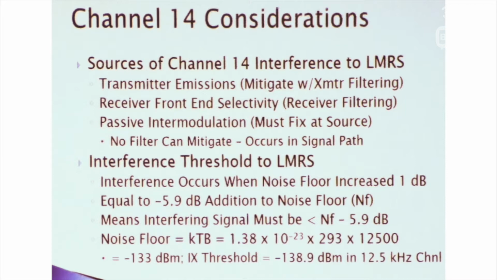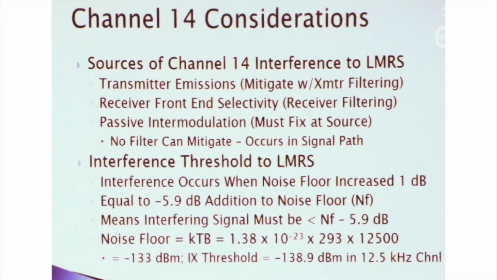So almost 6 dB. If I've got a signal with a signal level of 1, I'm essentially adding roughly 25%, just slightly over 25% more power to that channel. That'll be a 1 dB increase. So that means that the interfering signal must be less than that noise floor minus 5.9 dB.